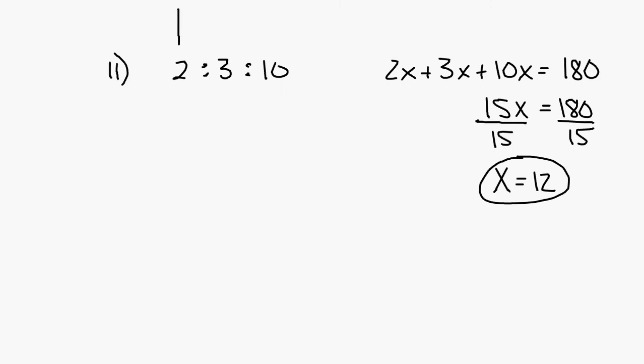So that's going to be your multiplier times 2. So 2 times 12 is 24 degrees. Number 12.